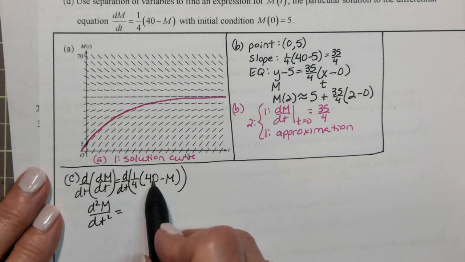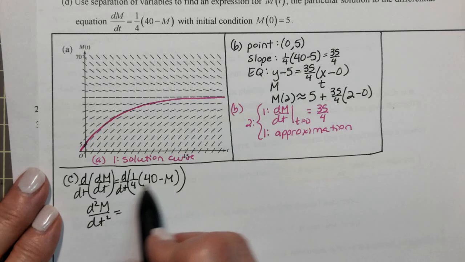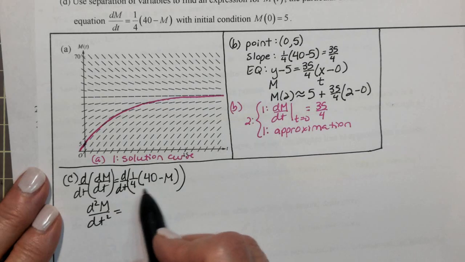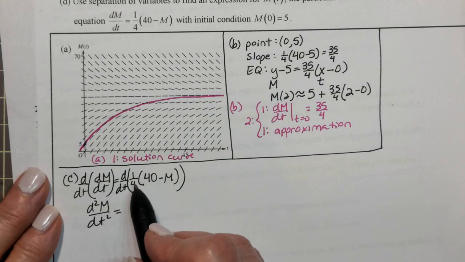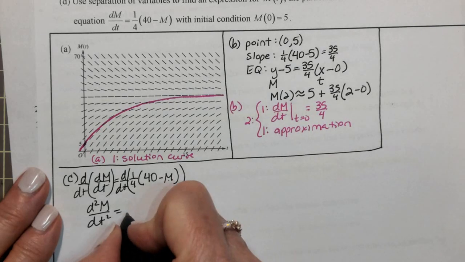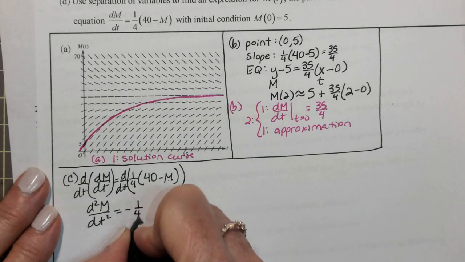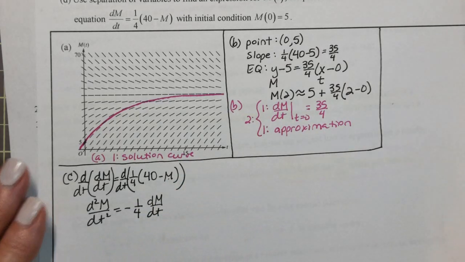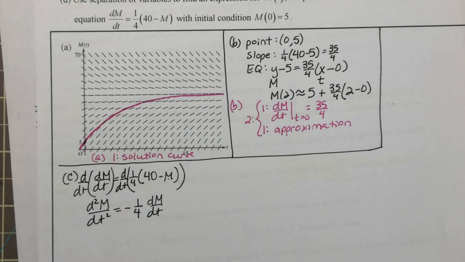Okay, if I distributed this 1/4, I'd have 10 minus 1/4 m. The derivative of 10 is 0. The derivative of negative 1/4 m is negative 1/4 dm dt. Do not forget your dm dt. You're taking the derivative of m with respect to t.